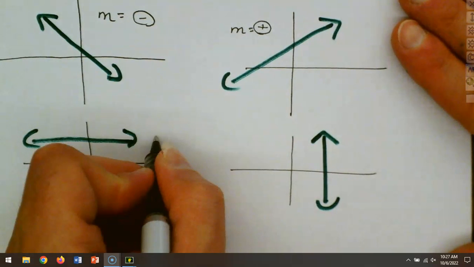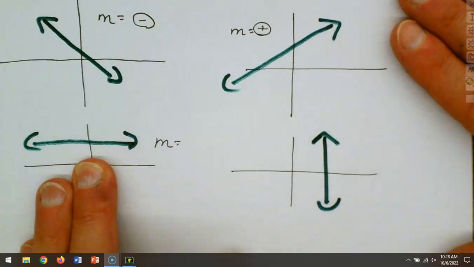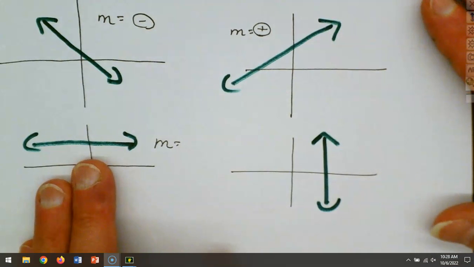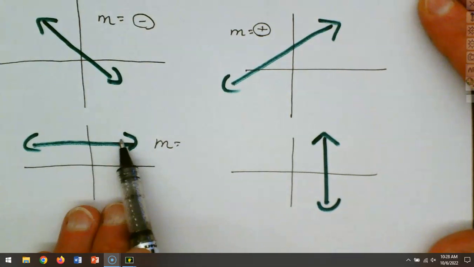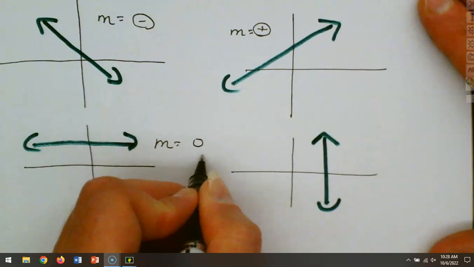So the first one here, do you think this is going to have a 0 slope or an undefined slope? Does anyone remember? 0 or undefined? Remember, rise over run. Does this line go up or down at all? No. That means my slope would be 0.